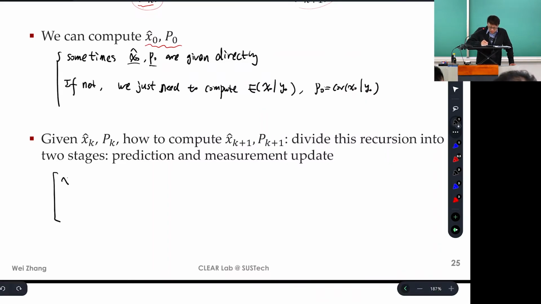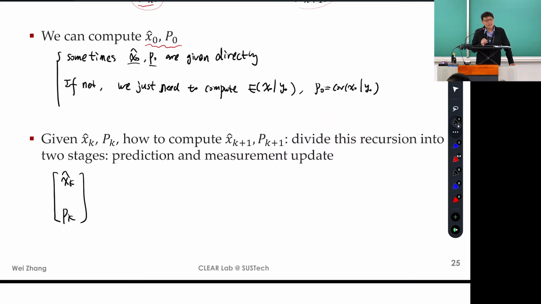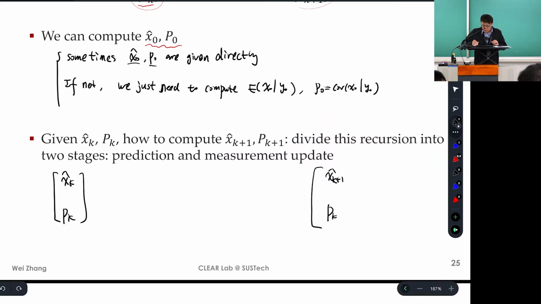They have two stages. Suppose now given measurements up to time k, x_k is random. Its mean is x_k hat, its covariance is P_k. What I want is to go here: given measurements up to k plus 1, x_{k+1} is also random. Its mean is x_{k+1} hat, and its covariance is this.